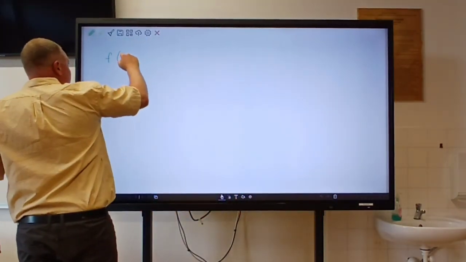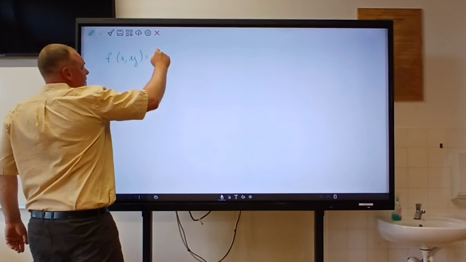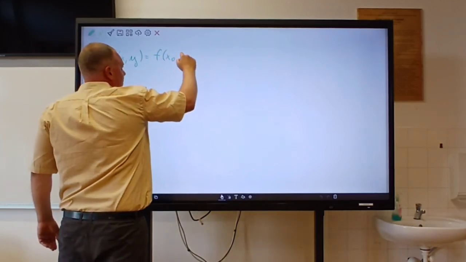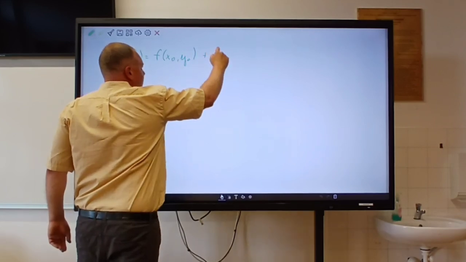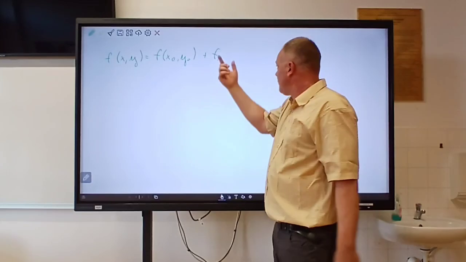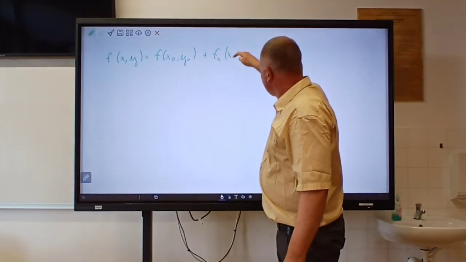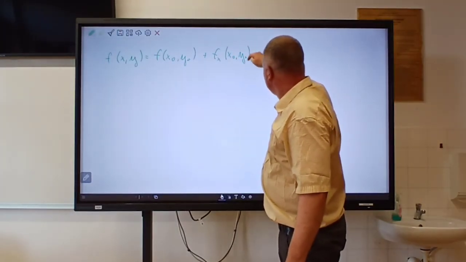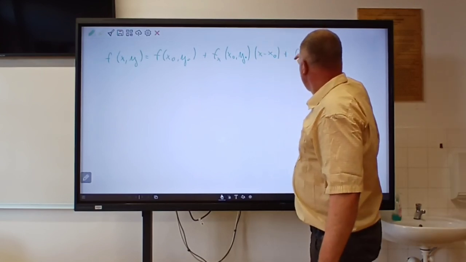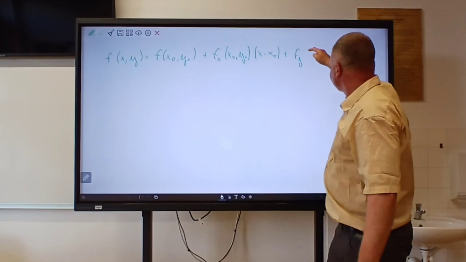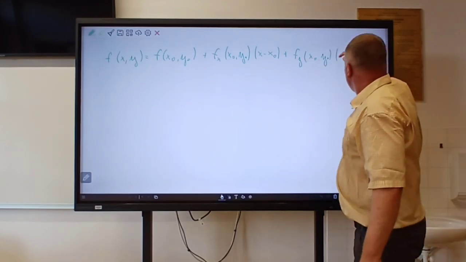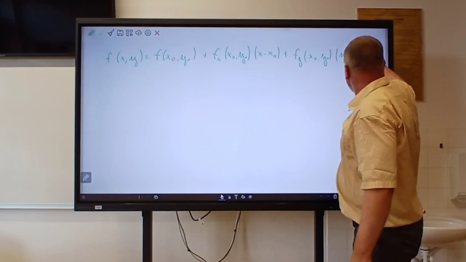So we have f of x, y is the same as, I'll just give the result, f of (x0, y0) plus f_x, which means partial derivative of f with respect to x, again at (x0, y0), times (x minus x0), plus f_y, partial with respect to y, again at (x0, y0), times (y minus y0).